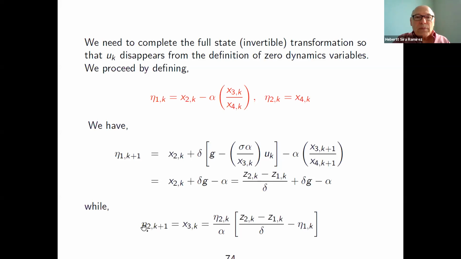And eta 2 of k plus 1, which was x4, gets transformed into x3 of k, which now has to have a different form in terms of the linearizable variables, and in this case, the first variable associated with the zero dynamics.